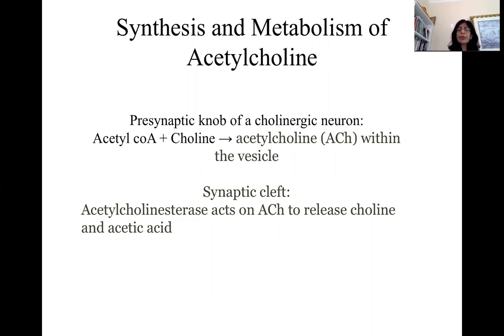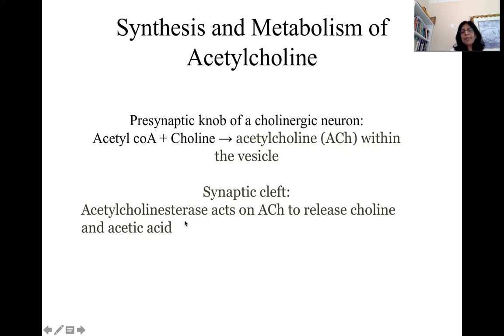Soon after acetylcholine is released into the synaptic cleft, the clearing of acetylcholine happens immediately. This is to avoid unwanted stimulation of the postsynaptic cell by acetylcholine. So the clearing of acetylcholine is by the release of an enzyme, acetylcholine esterase.